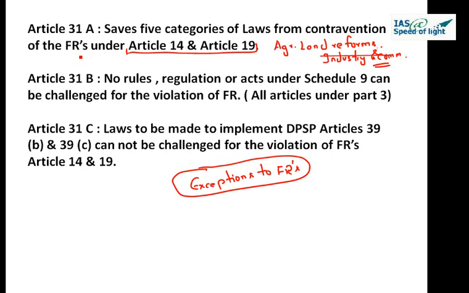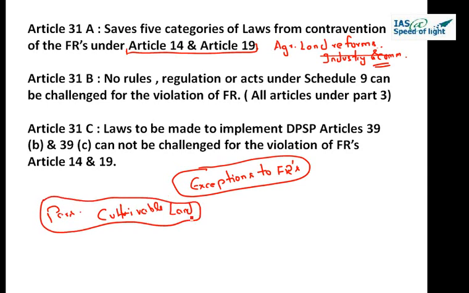Okay, so it says for this particular personally cultivable land, if the state acquires this land, it has to pay compensation. So this is an important point of Article 31A.